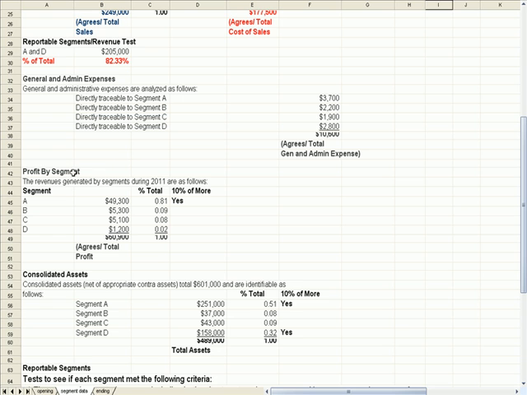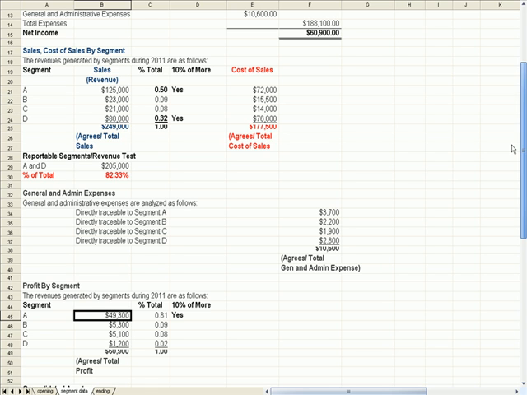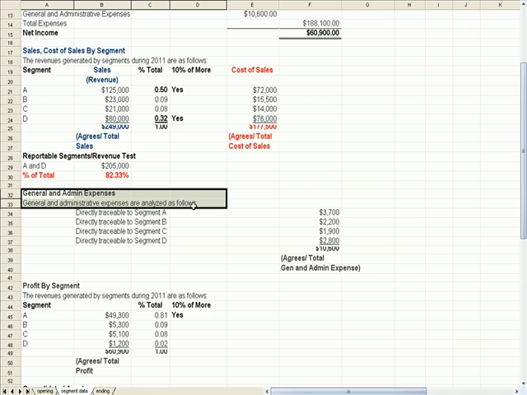How about profit? Which of the companies have 10% or more in an absolute value of the profit or loss? So I had to do a little calculation of profit because it wasn't given to me specifically. So this formula for A represents sales less cost of sales less general and admin expenses for this particular segment. On general and admin for a minute, the question gave us how much of the general and admin was directly traceable to each segment.